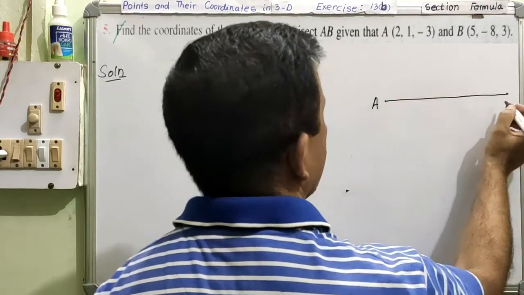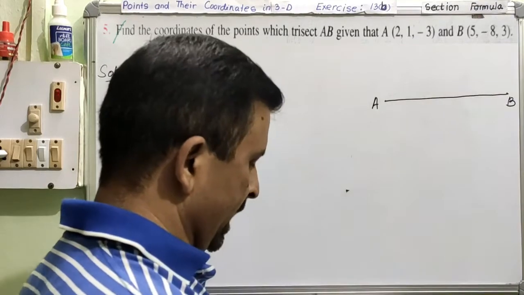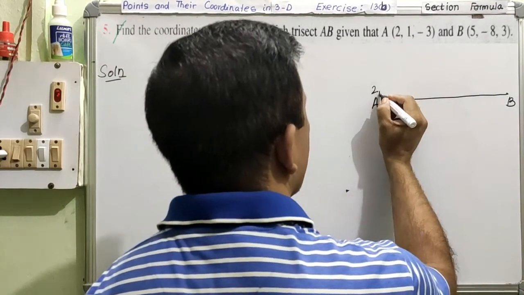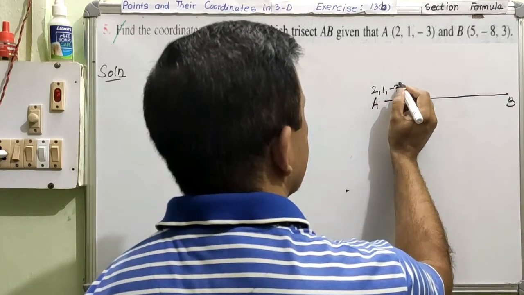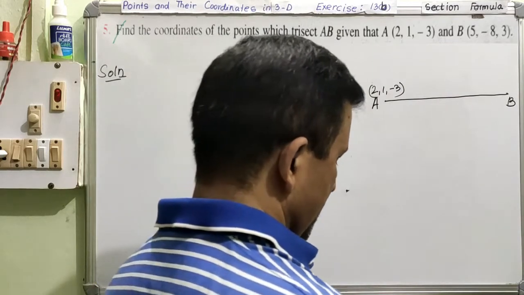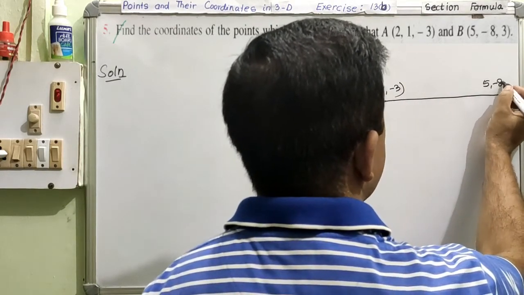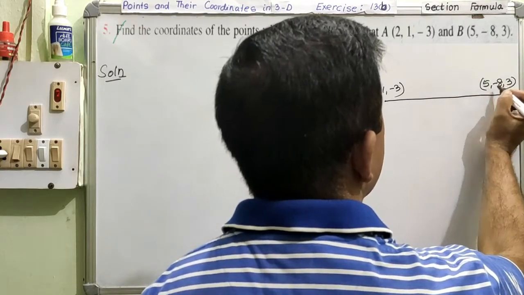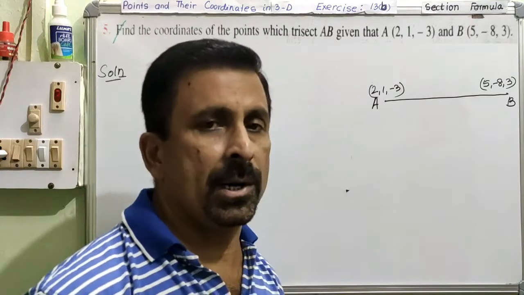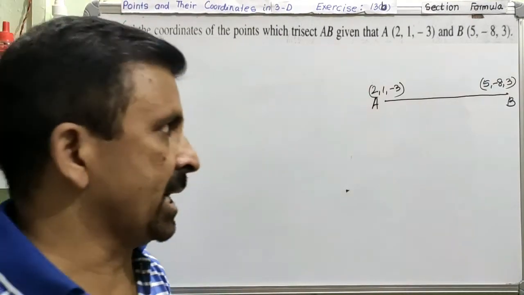And then this is point A and this is point B. Now the coordinate of A is 2, 1, -3. Clear? And the coordinate of B is 5, -8 and 3. Now we have to find the coordinate of the point of trisection.